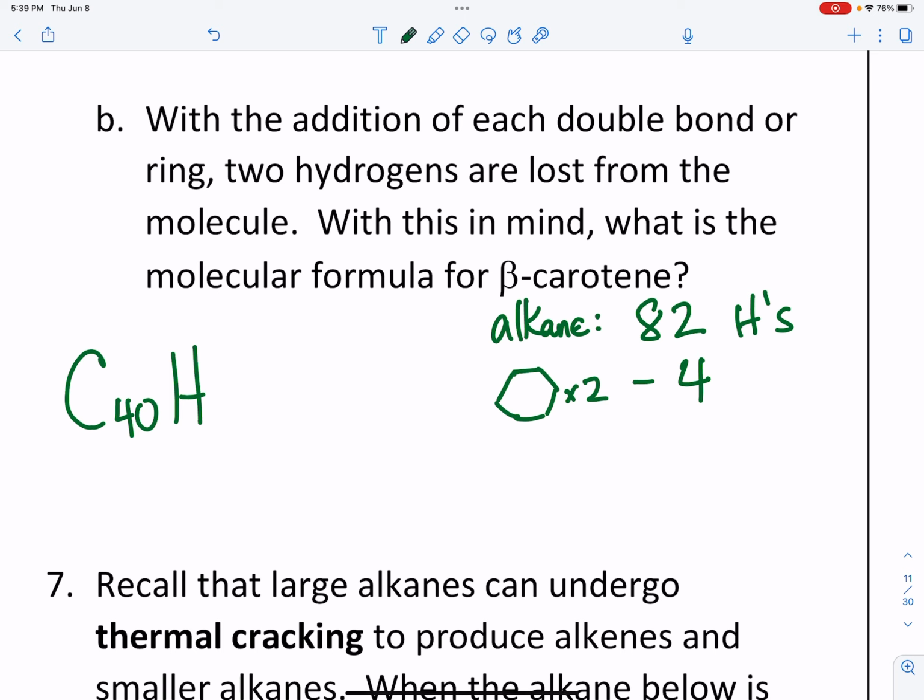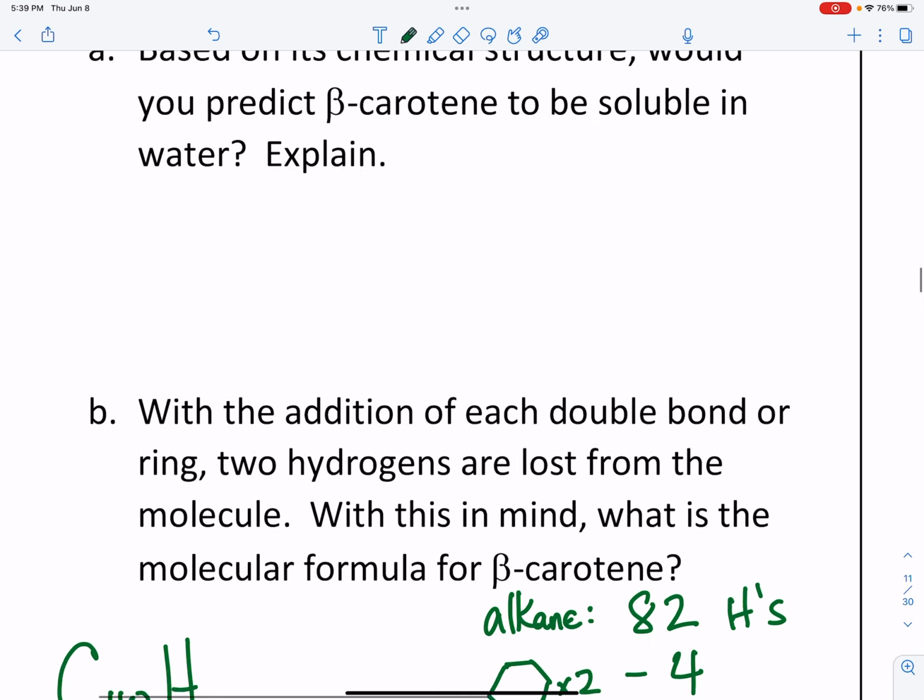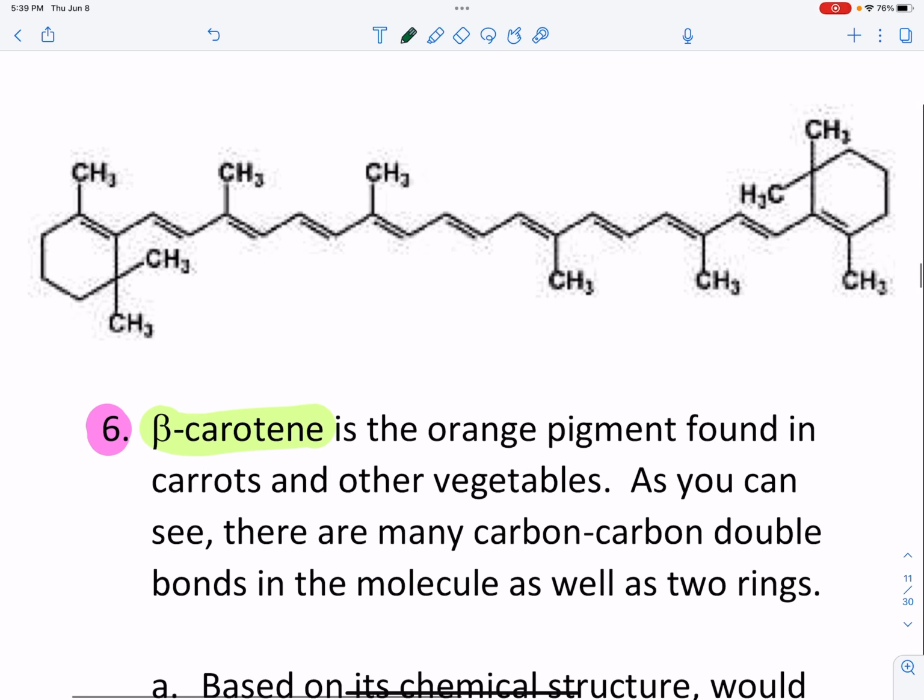Now, what about double bonds? For each double bond, we also lose 2 hydrogens. So how many double bonds do you see in that molecule? Stop and pause and count them. 1, 2, 3, 4, 5, 6, 7, 8, 9, 10, 11. There's 11 double bonds in there.